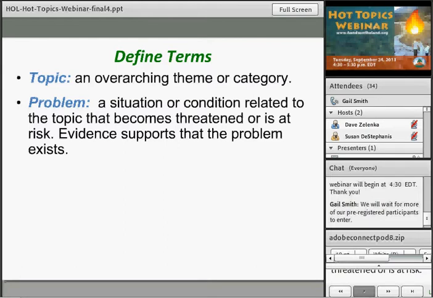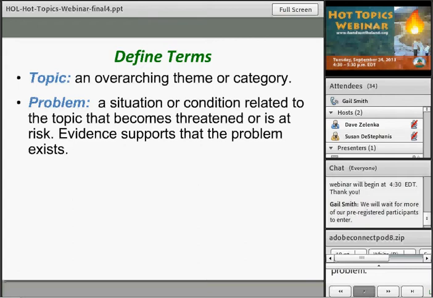A way I use this for students and in the professional development programs that I teach, I say, remember the Apollo 13 situation, Houston, we have a problem. And everyone in remembering that historical situation will easily recognize that there was a problem and the evidence supported that. So that is very important to understand that a problem means that all the stakeholders involved that have concerns or interests with that problem do agree that a problem exists.